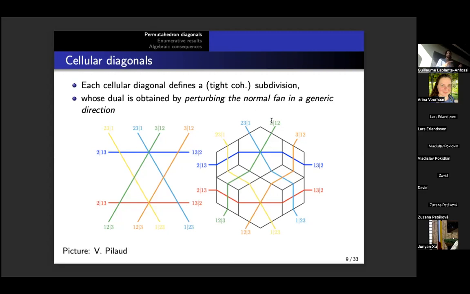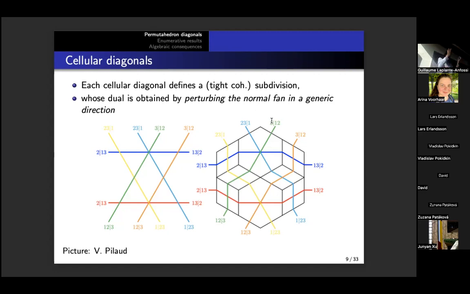And then what you do is you take this vector in general position with respect to your polytope, and you perturb your normal fan in this direction. And now you look at the intersection of the two normal fans. In this case, it's two families of hyperplanes, so you have a hyperplane arrangement.